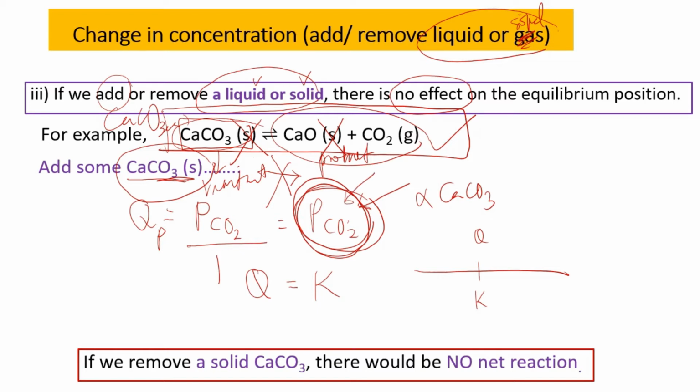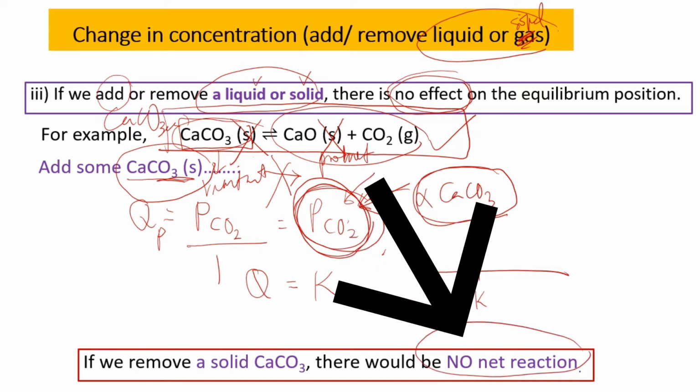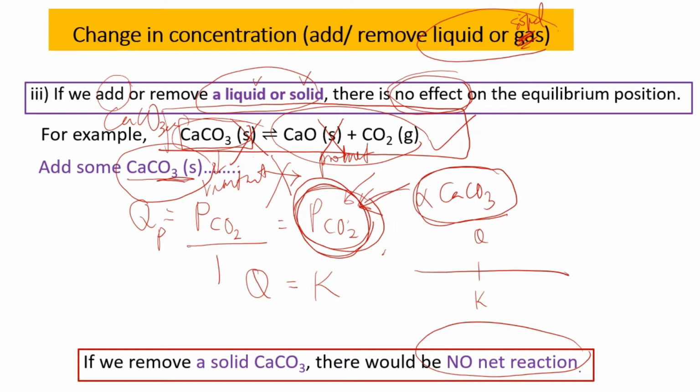In this case, if you change the amount of solid, which is not included in the expression of Q, it would not have any effect on the equilibrium position. So there's no change and there's no net reaction. So the system is still happy as it is. Nothing happened. Okay?